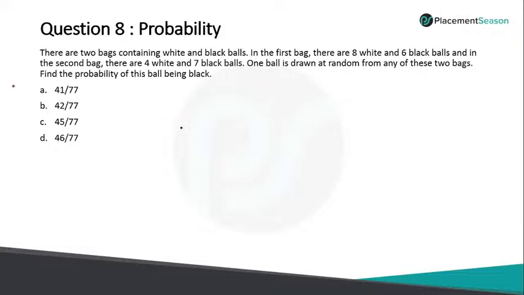So the probability will be 1/2 into, right? If I take from the first bag, there should be a black ball. So how many black balls are there? There are 6 black balls out of 14 balls. Yes, number of favorable cases by sample space, number of total. So favorable is 6 by total is 14, right?